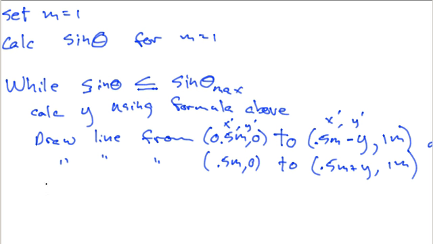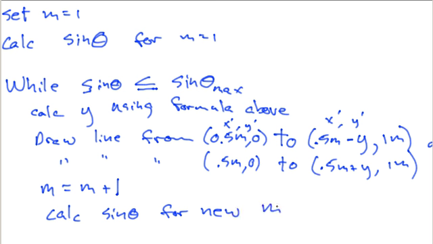Then I think I'm ready to bump up m. So m is equal to the old value plus 1. And then calculate, then end my while loop right there.